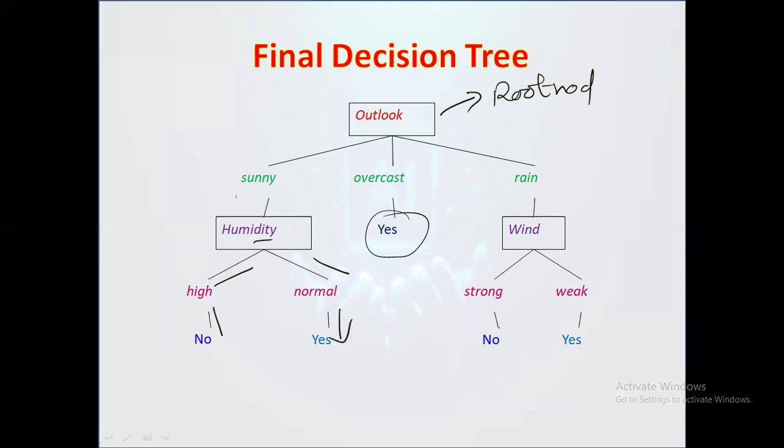For wind, strong is no and weak is yes. So finally we come to the conclusion that if the humidity is normal, or the wind is weak, in this case we can play tennis.